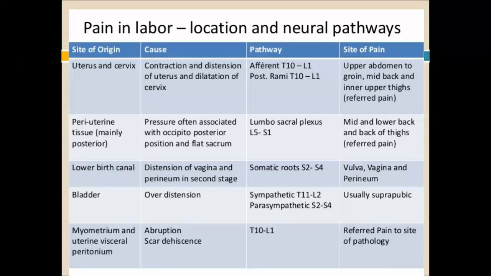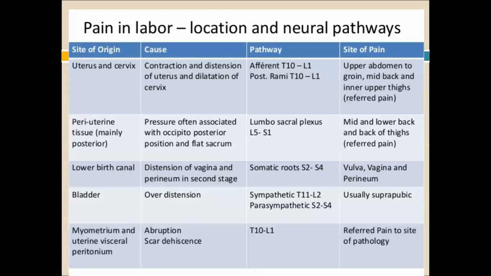The origin of pain in labor. The site of origin is the uterus and cervix, for example, the contraction and distension of the uterus and dilatation of the cervix. The pathway is through the afferent nerves T10 to L1 and posterior rami of T10 to L1. The pain area is the side, upper abdomen to the groin, mid-back, and inner upper thighs.